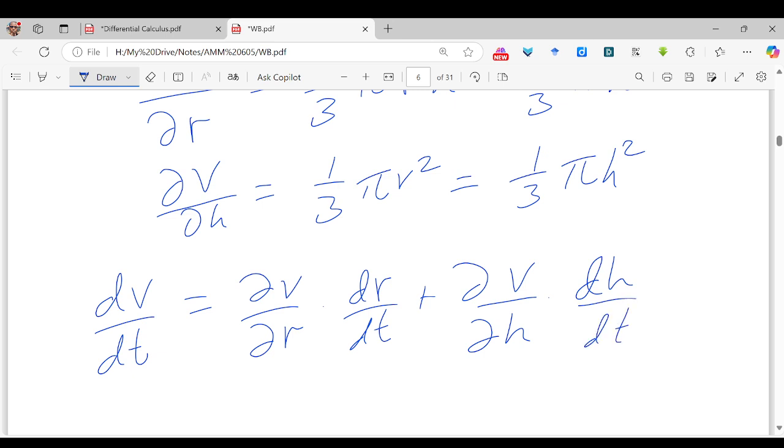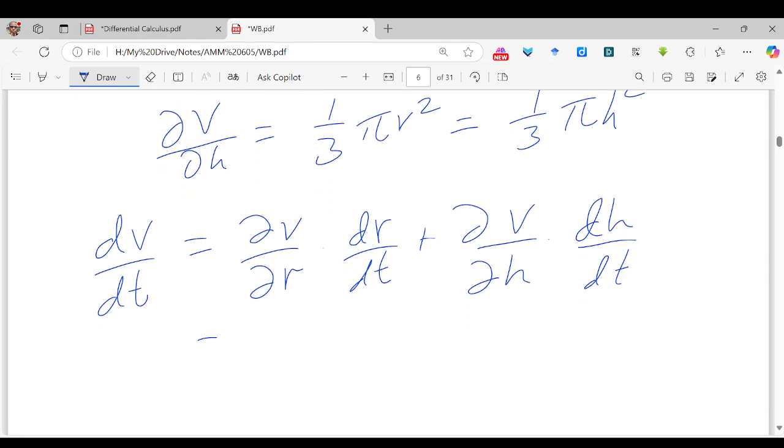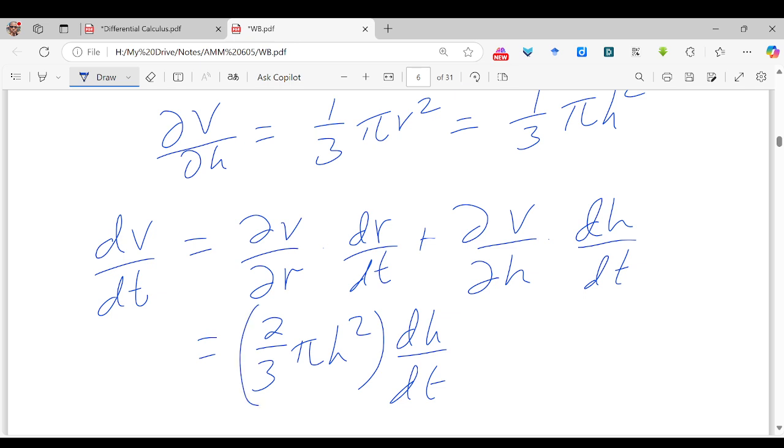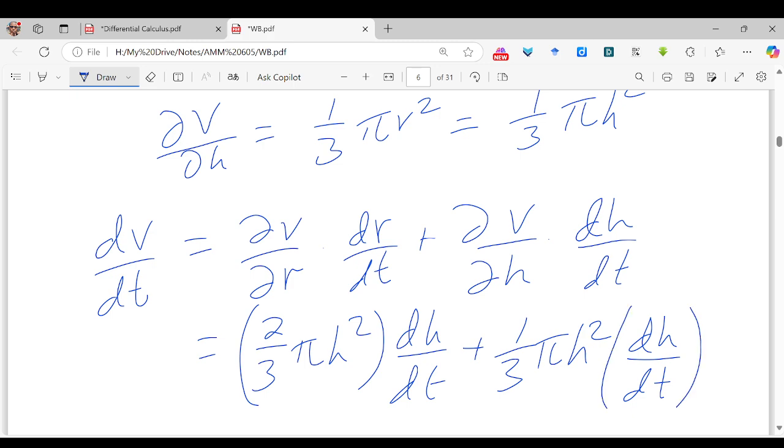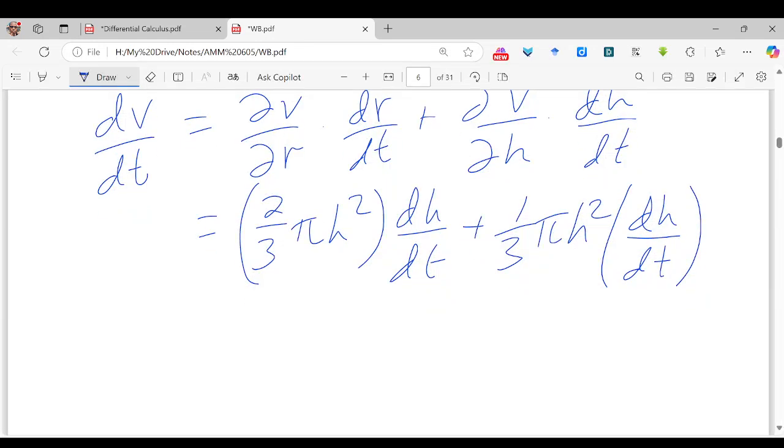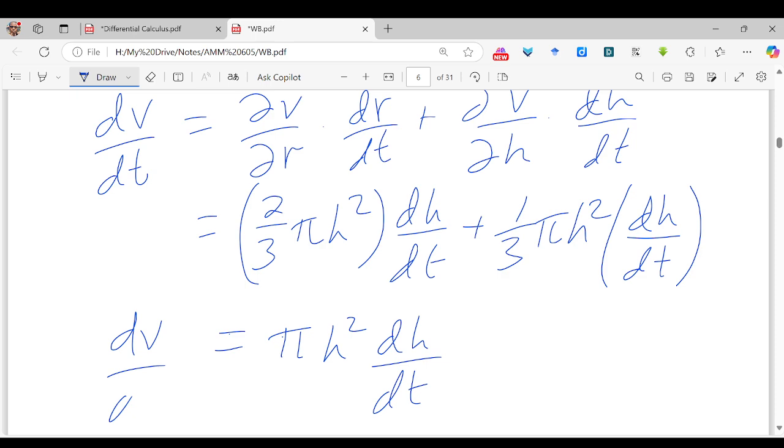When we substitute the expressions here, we can write 2 over 3 pi h squared times dh/dt, because the rate at which the height changes is equal to the rate at which the radius changes, plus 1 over 3 pi h squared dh/dt. And when we simplify, we get pi h squared dh/dt. This is dV/dt.